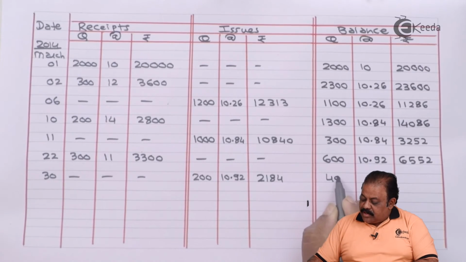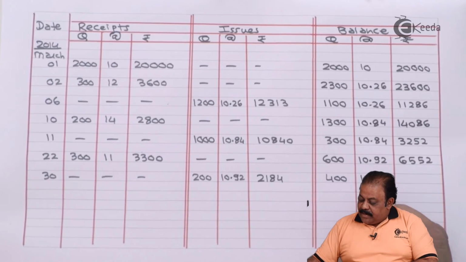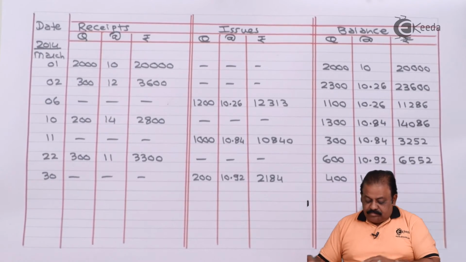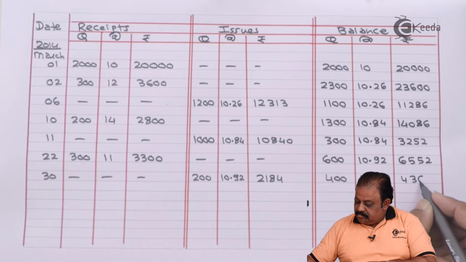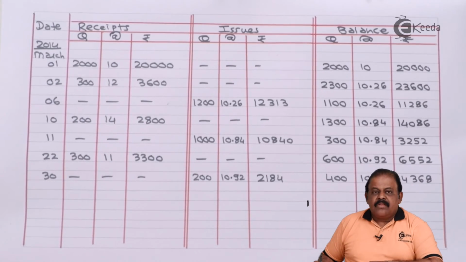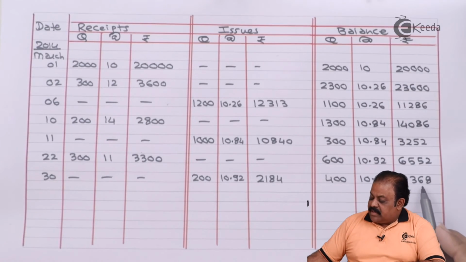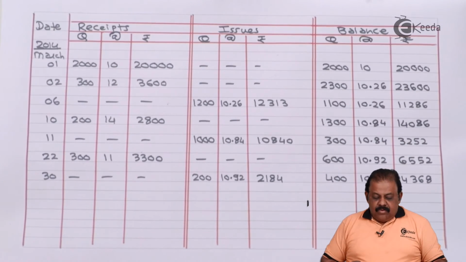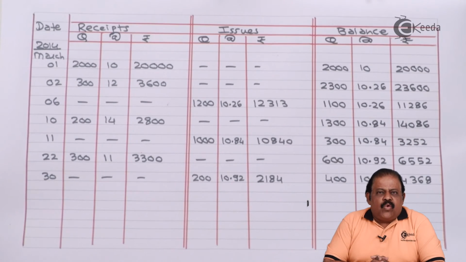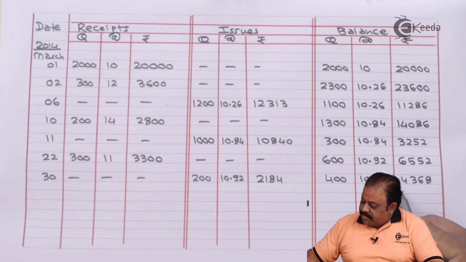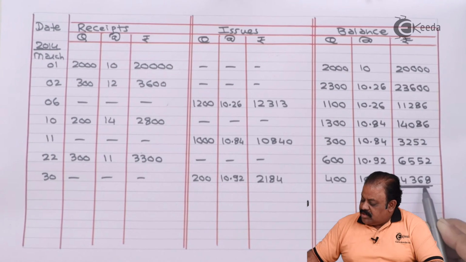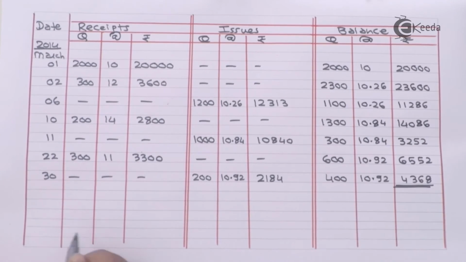So balance 400 units at the rate of 10.92. It is rupees 4,368. We are required to value closing stock as per weighted average basis. So here we have closing stock value 4,368.